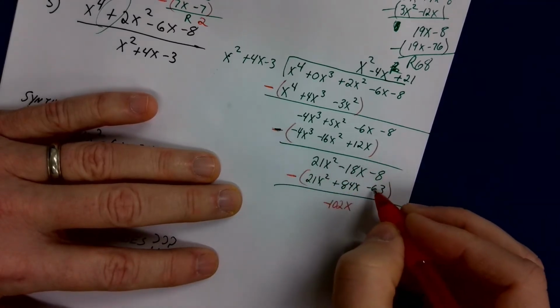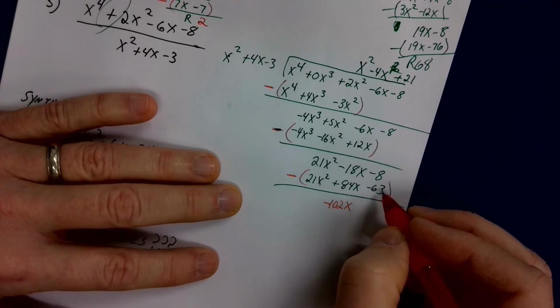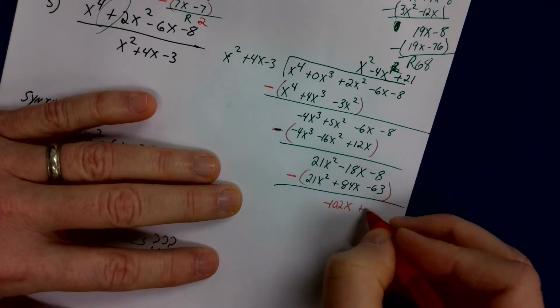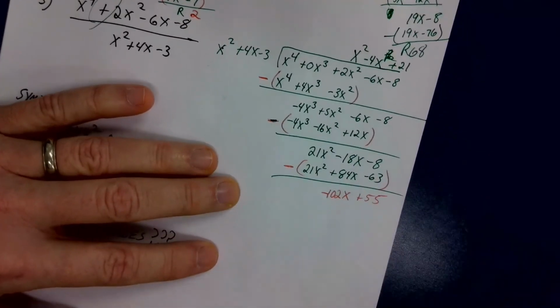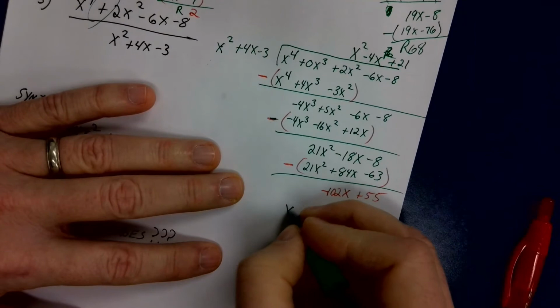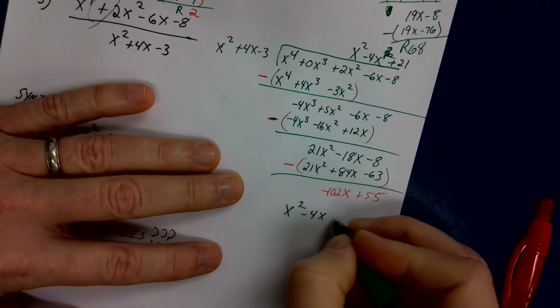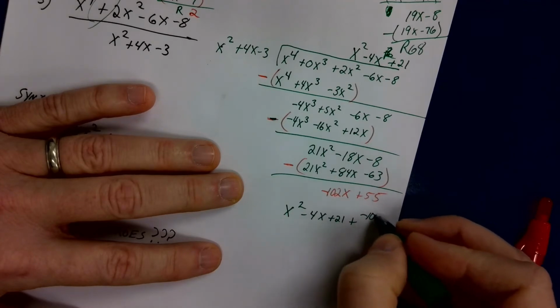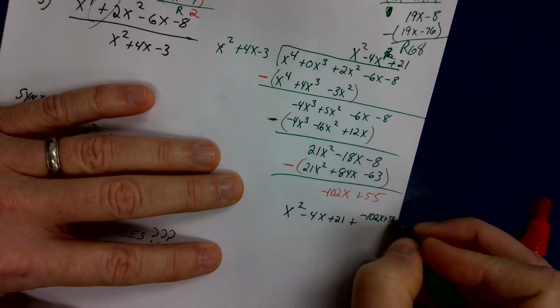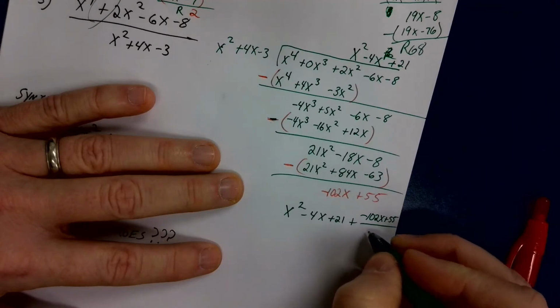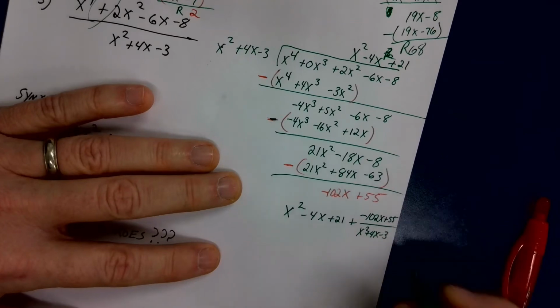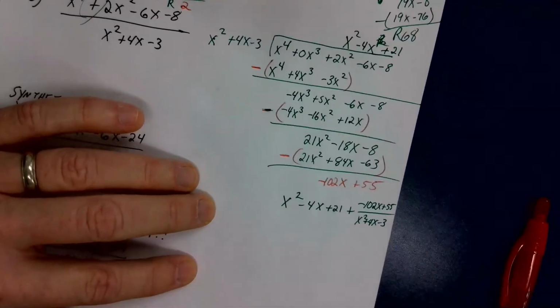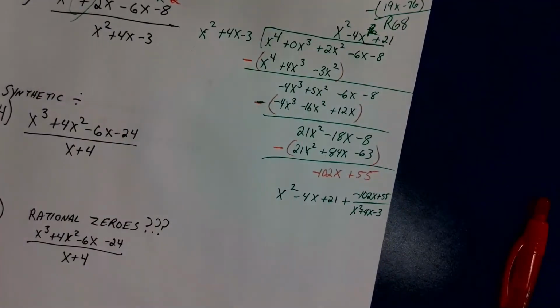Negative 8 plus 63 should be 55. And final answer, x squared minus 4x plus 21 plus negative 102x plus 55 over x squared plus 4x minus 3. That's a lot. That is a big flippin' problem.